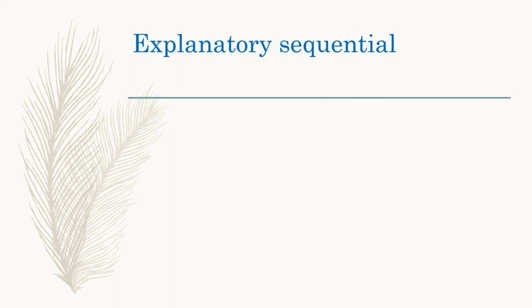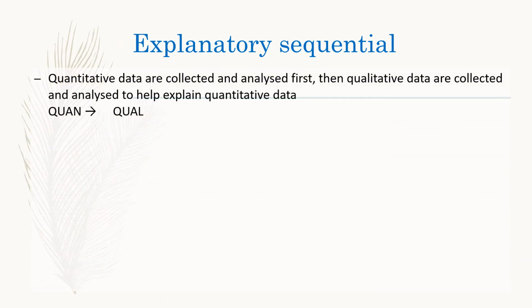Explanatory sequential design, as a summary: quantitative data are collected and analyzed first, then qualitative data are collected and analyzed to help explain the quantitative data. So quantitative followed by qualitative.